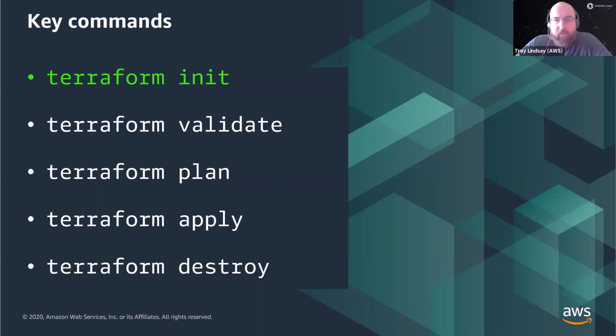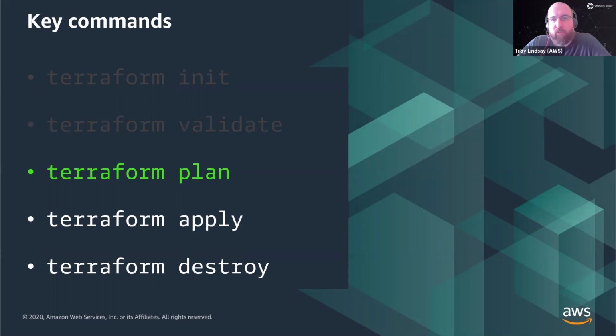Here are the 5 commands that you'll use 99% of the time. There are a few others that are really useful when you need them, but it should be pretty rare, so I'm skipping them in the interest of time. Terraform init initializes the working directory. Terraform validate checks to make sure that your config files are valid.